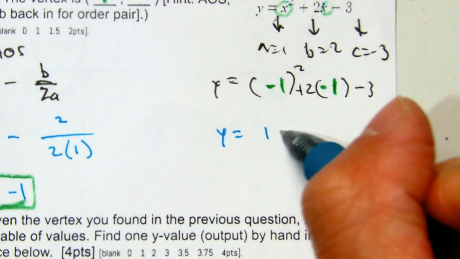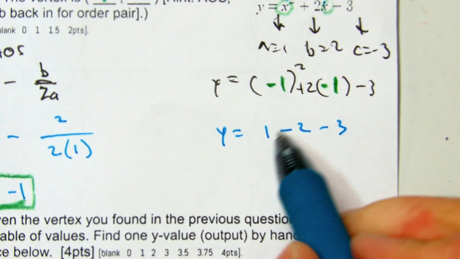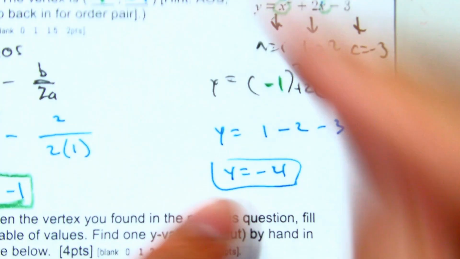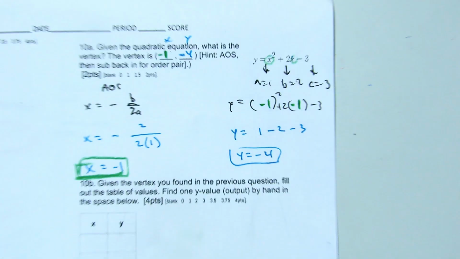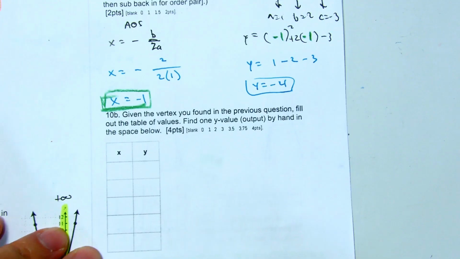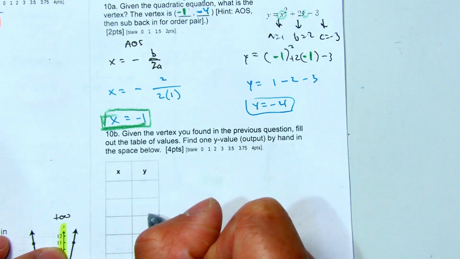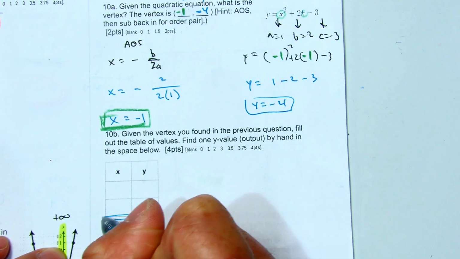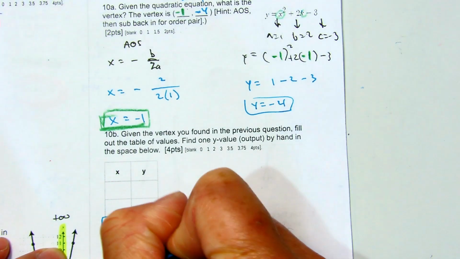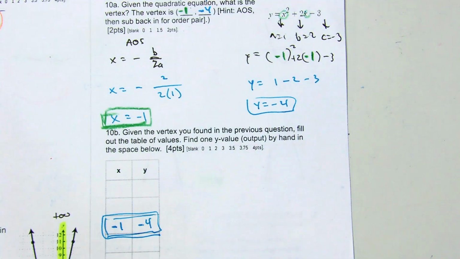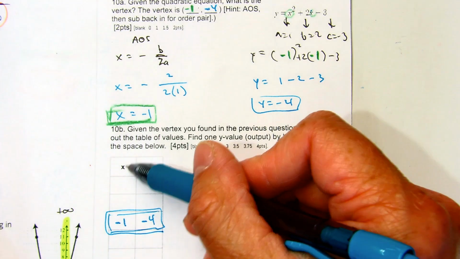That's -2 minus 3. So -1 minus 3 is -4. Ordered pair is x, y. So that goes into the middle of my graph always. So -1, -4.